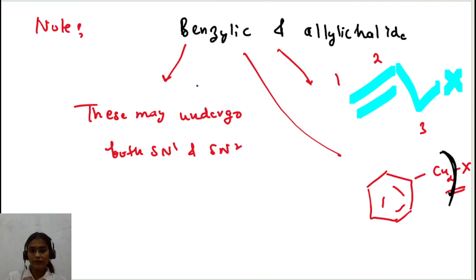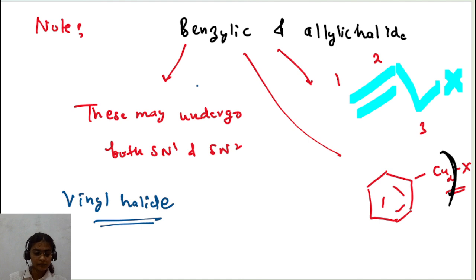But what if we are having a vinyl halide? First question for you: what is a vinyl halide? Carbon, double bond, and some halogen is connected. It is not going to follow the SN1 mechanism, not even the SN2 mechanism.